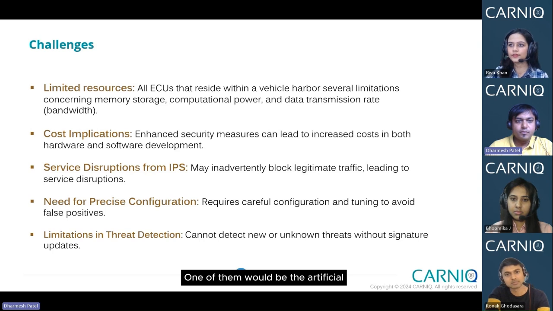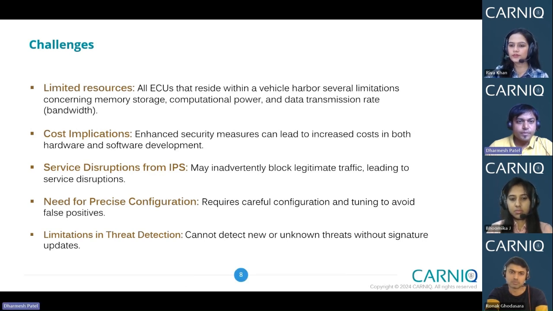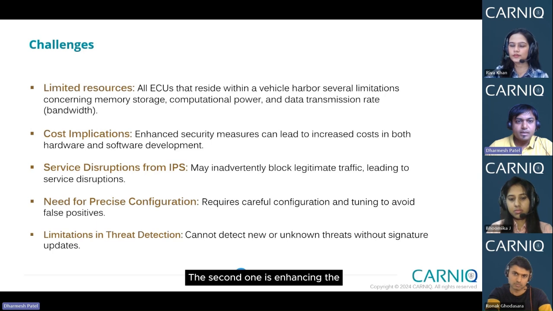One of them would be artificial intelligence and machine learning integration for the IPS system, to analyze certain kinds of traffic or algorithms in a faster way, and that can provide fixes faster. The second one is enhancing communication security.